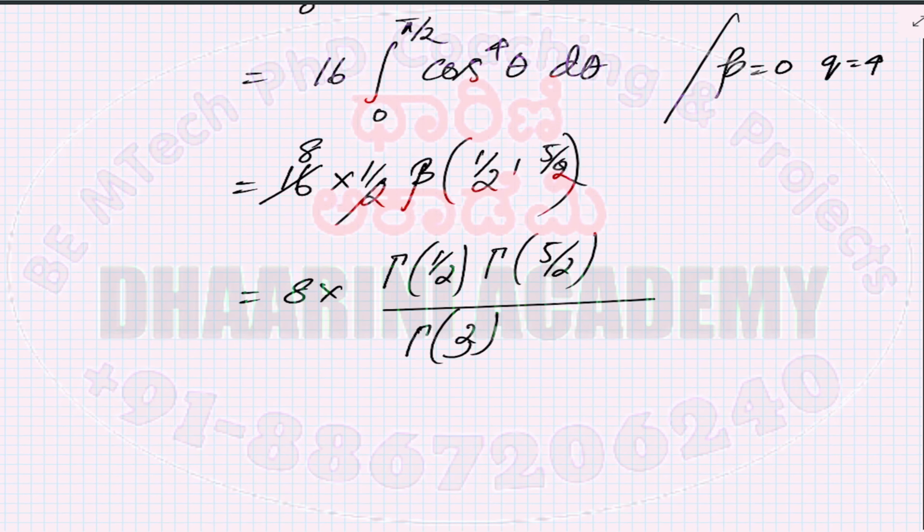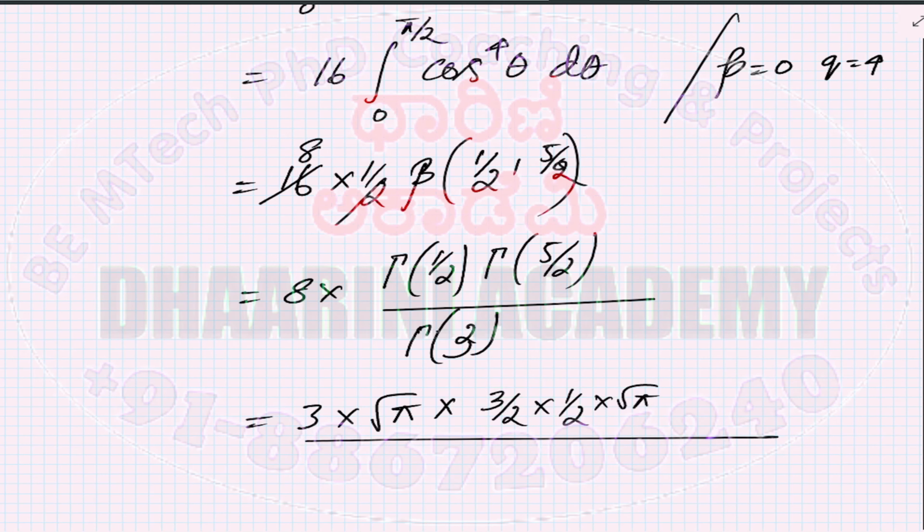All right, so as a result, this can be further simplified as follows. So this is gamma 3 in the denominator, and gamma half is root pi, into gamma 5 by 2, which is 3 by 2 into 1 by 2 into root pi, whole divided by gamma 3, which is nothing but 2 factorial.